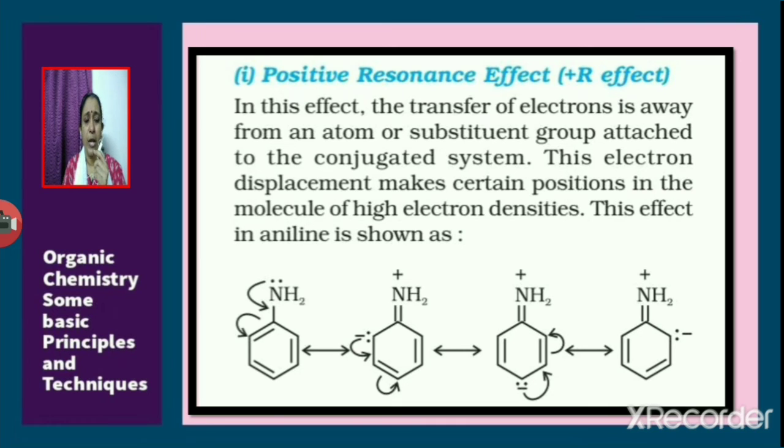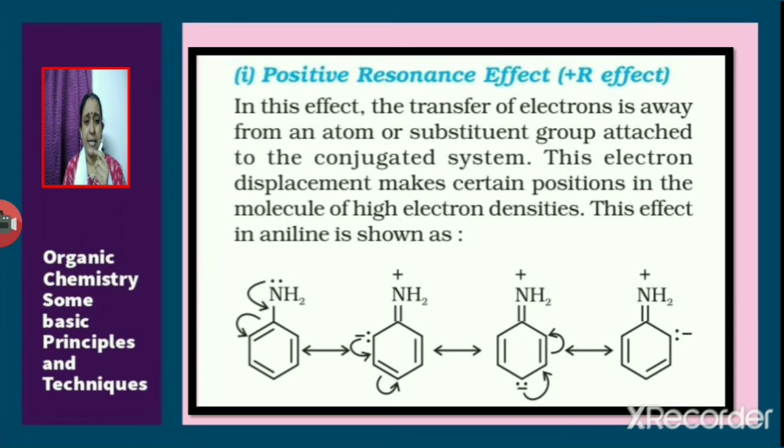Thus, we find that polarity is produced in the molecule. Nitrogen end is positive and the carbon end of the benzene ring acquires a negative charge. This polarity is produced by the transfer of electrons away from the group attached to the benzene ring, which is why it is known as positive resonance effect.